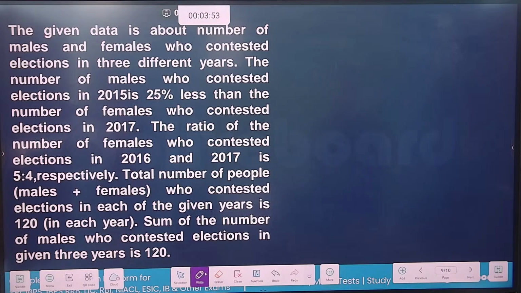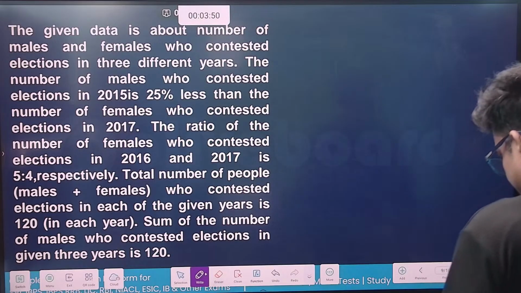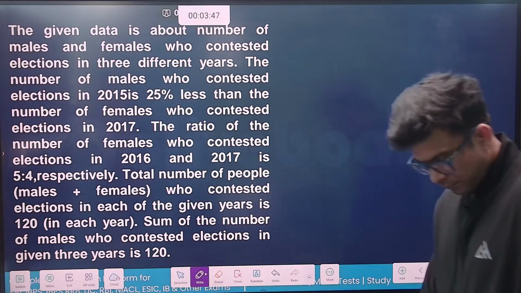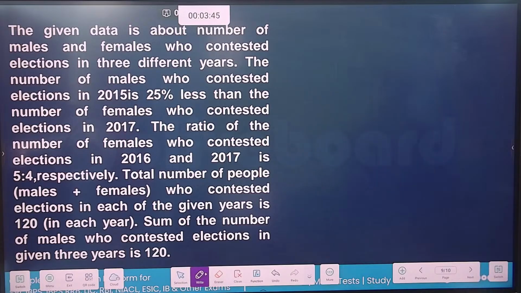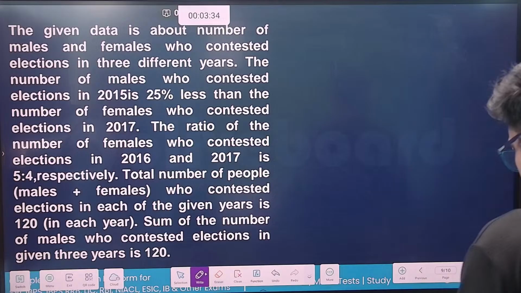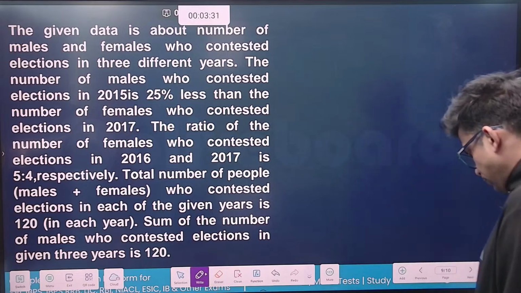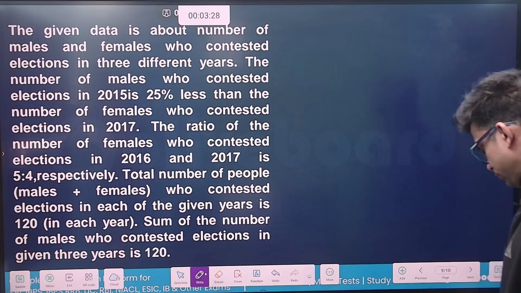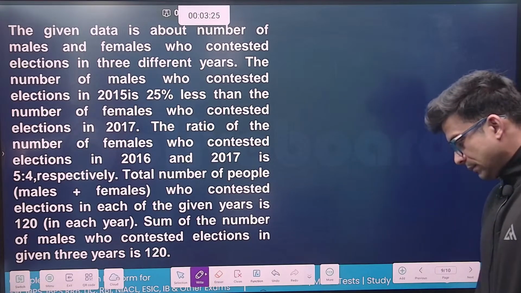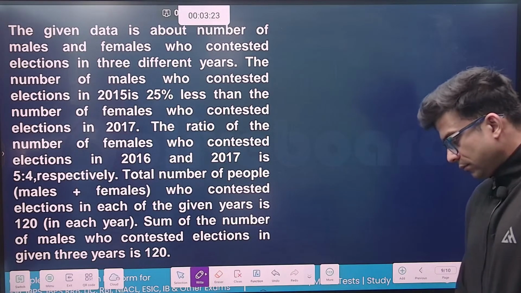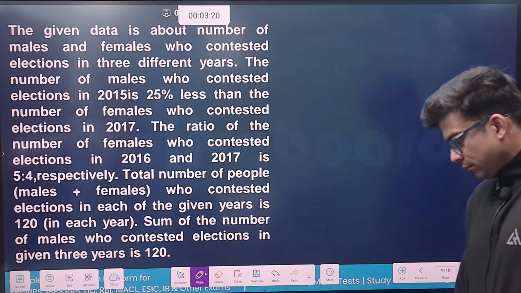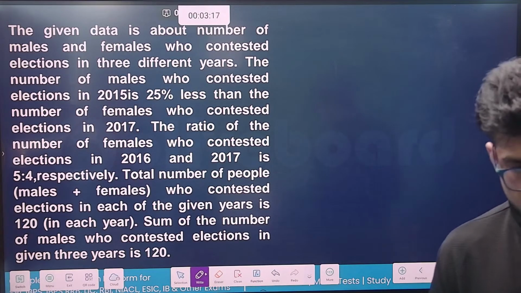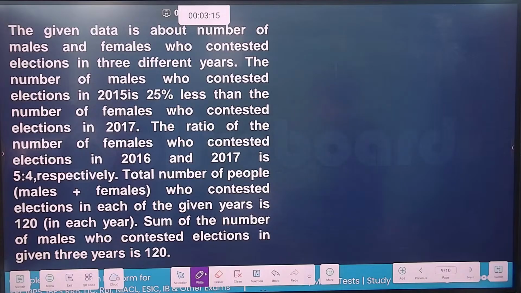Please solve, everyone. At least read it.